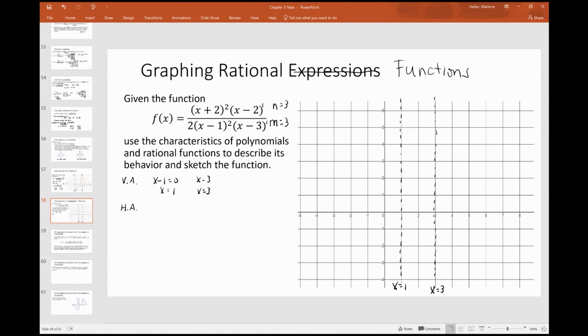That tells us, since n equals m, that we have a horizontal asymptote at the ratio of the leading coefficient of the numerator over the leading coefficient of the denominator, or y equals a sub n over a sub m. For this one, the leading coefficient of the numerator is just 1, and the leading coefficient of the denominator is 2. So I have a horizontal asymptote at y equals 1/2. I can put that in on my graph.